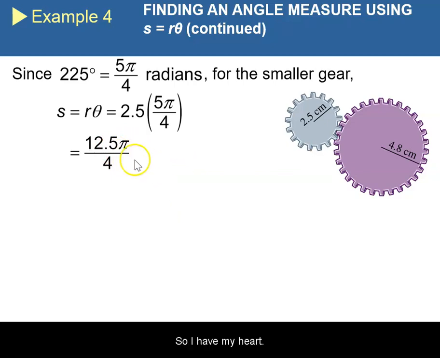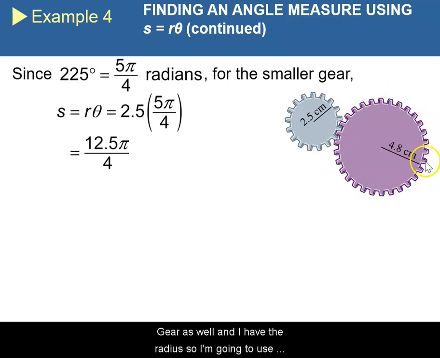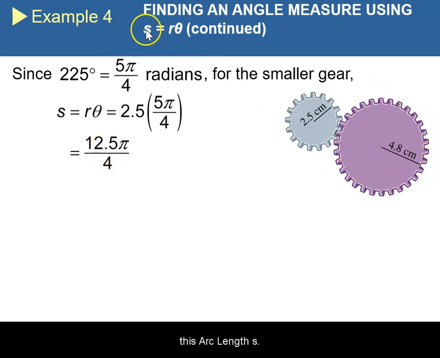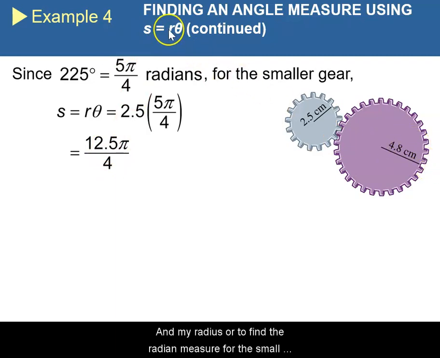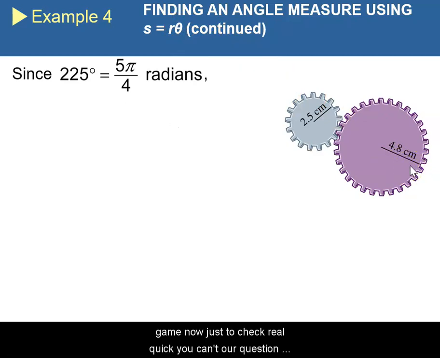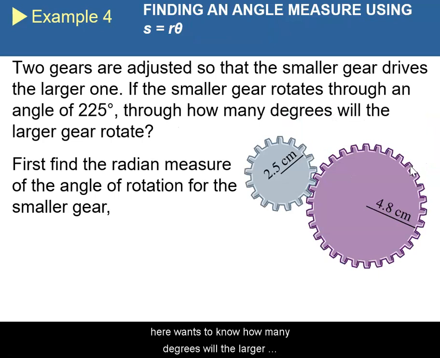Okay. So I have my arc length. So now I know the arc length for the larger gear as well, and I have the radius. So I'm going to use this arc length, S, and my radius, R, to find the radian measure for the larger gear. Now, just to check real quick, our question here wants to know how many degrees the larger gear will rotate.